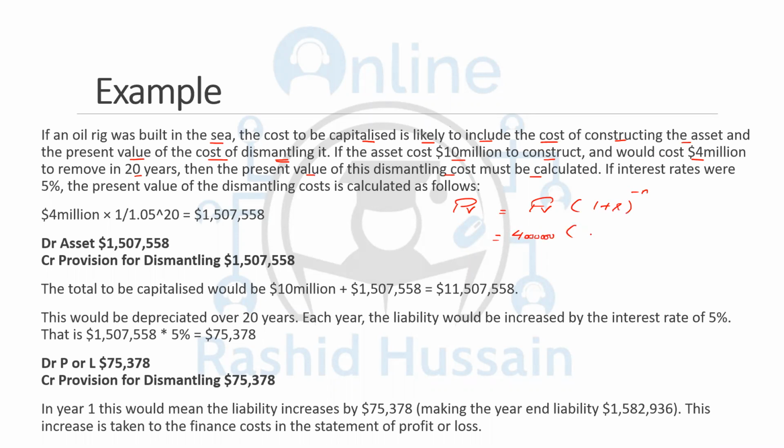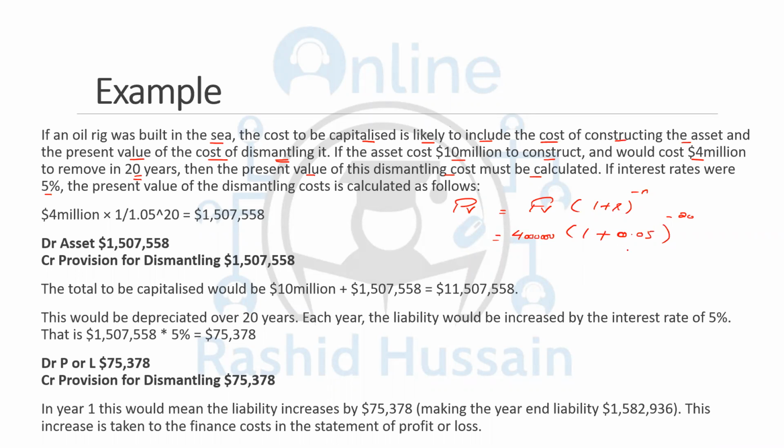Now we need the interest rate, which is given. If interest rates were 5%, in decimal we take 0.05, 5 divided by 100. Raised to power minus n: after how many years are we going to dismantle it? After 20 years, so we take minus 20.